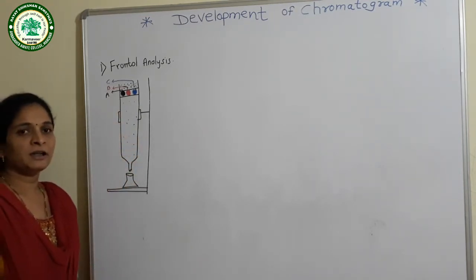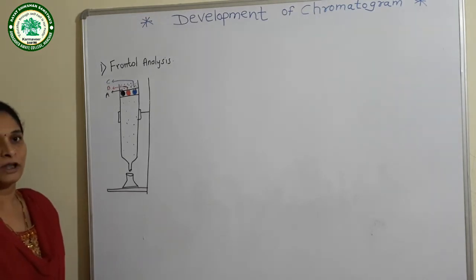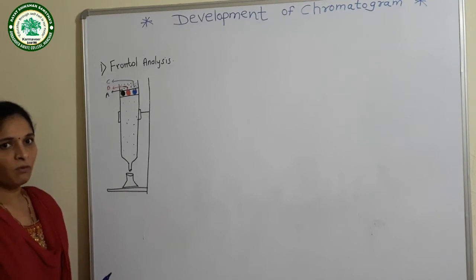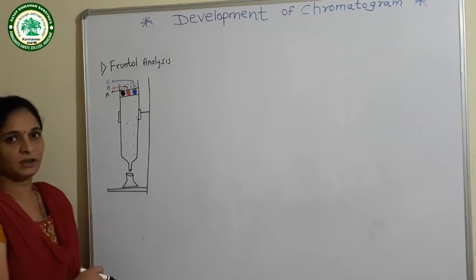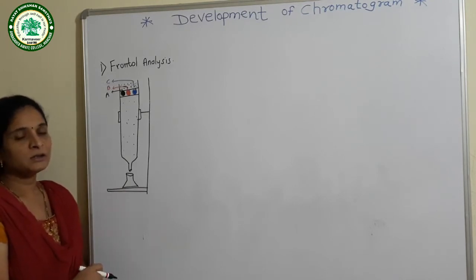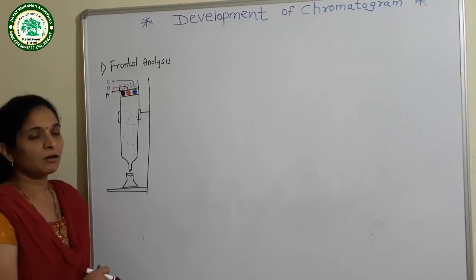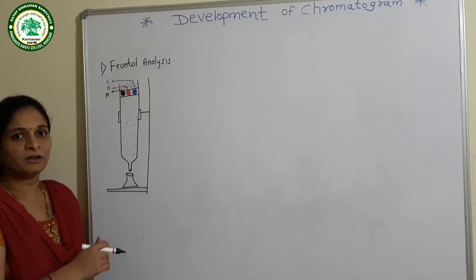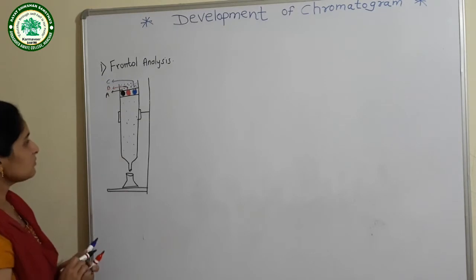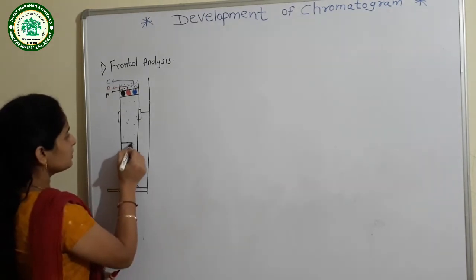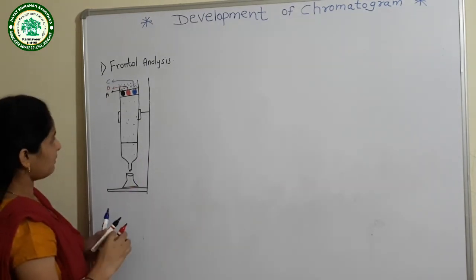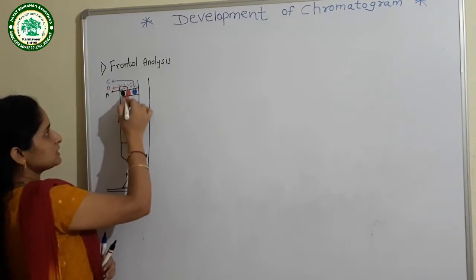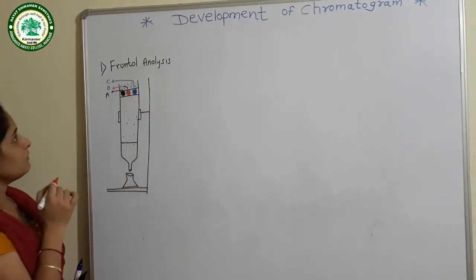Then separation takes place on the basis of their adsorption power. The components which form a strong bond with the stationary phase remain on the stationary phase, and the components which form a weak bond, which are loosely bonded to the stationary phase, run with the mobile phase. Which component will be separated first? The components which have the weak bond with the stationary phase are separated first.